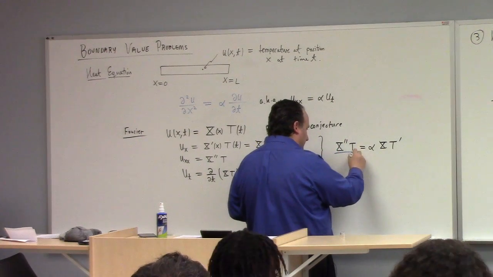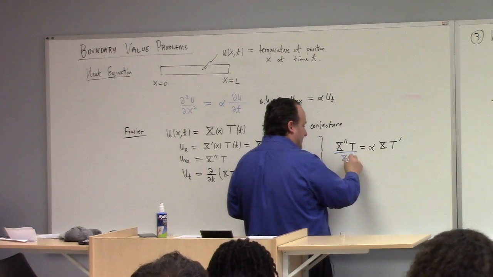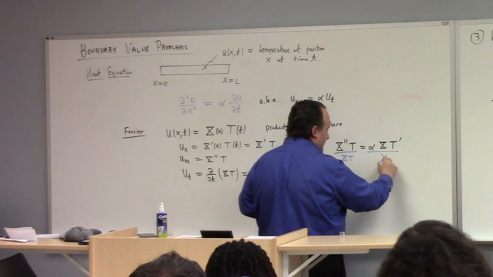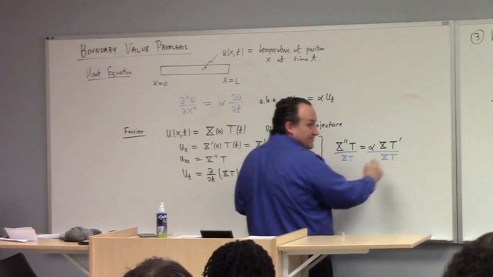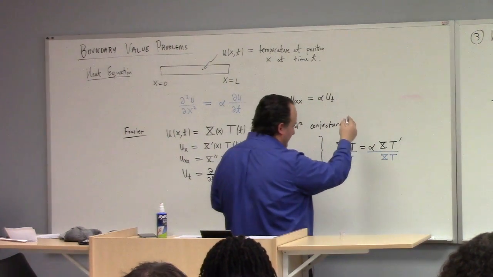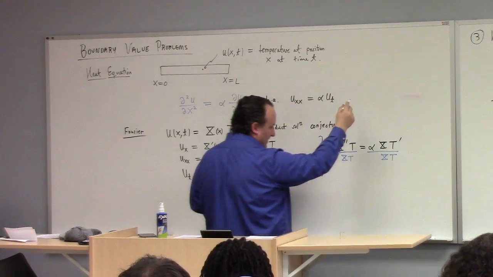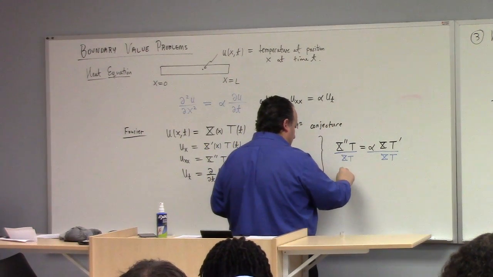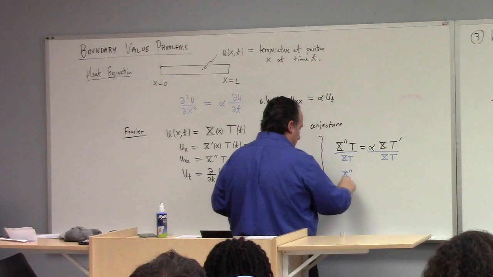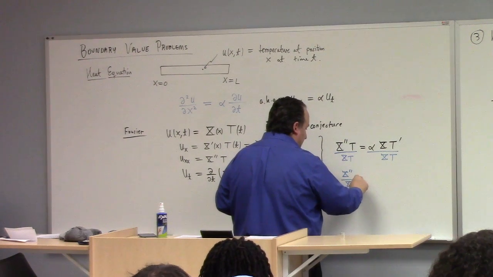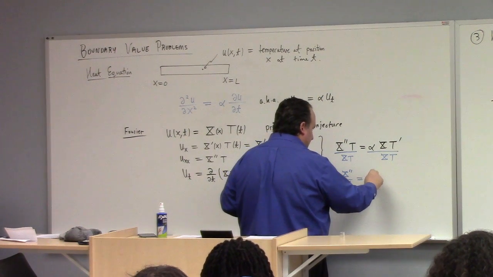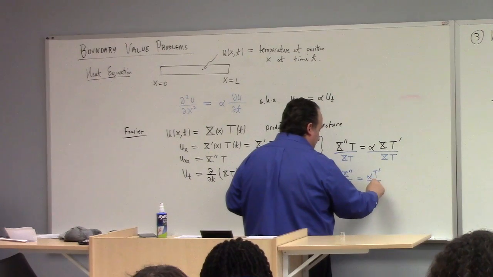We divide by the solution. The X and the T, they be canceling. So we get X prime prime over X equals alpha T prime over T.